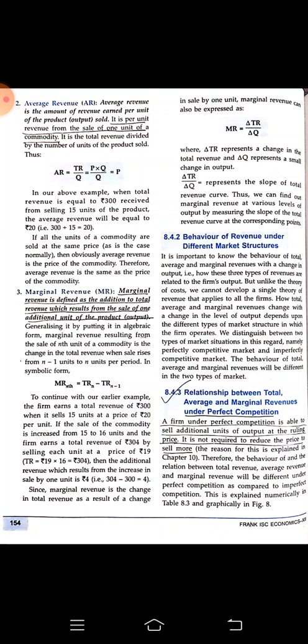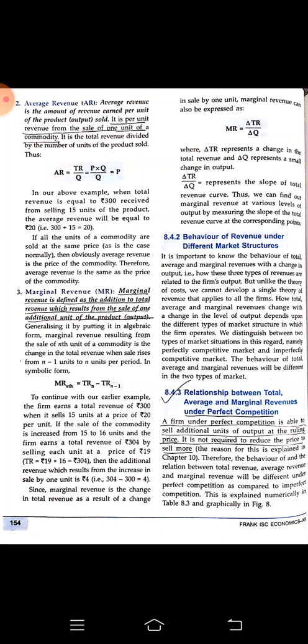A firm under perfect competition is able to sell additional units of output at the ruling price. It is not required to reduce the price to sell more. This is the most important thing we have to remember in this concept, that is the perfect competition market.